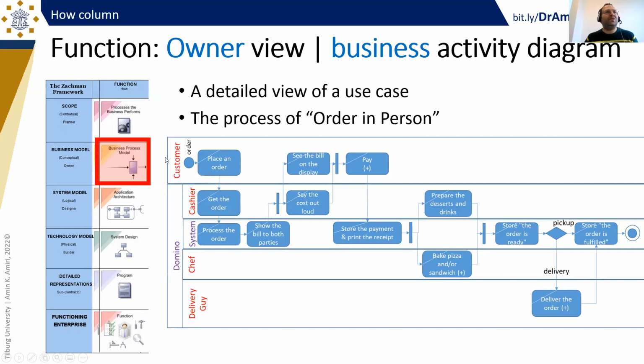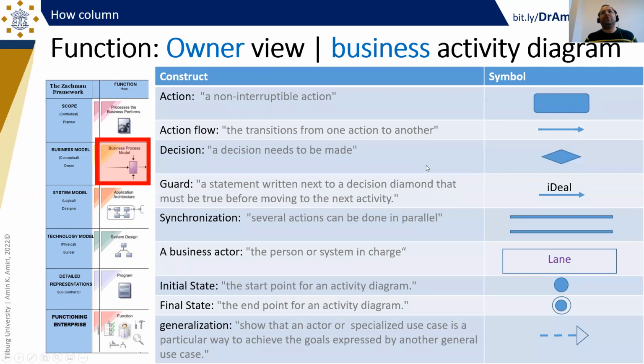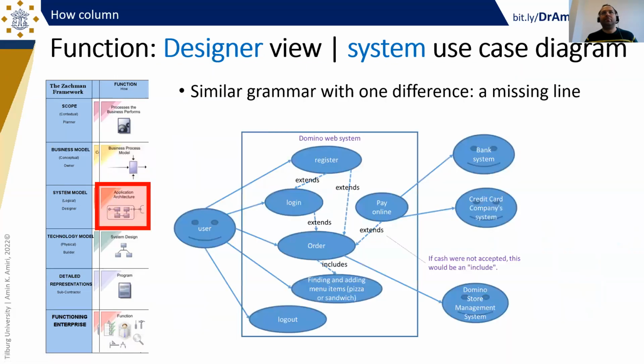So we had two views for business process. One was the detailed view, the business activity diagram, and the other one was the abstract view of the use case diagram. We have the same diagrams for the system view. The only difference is that we don't have this line here.